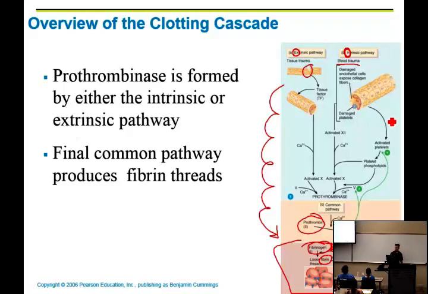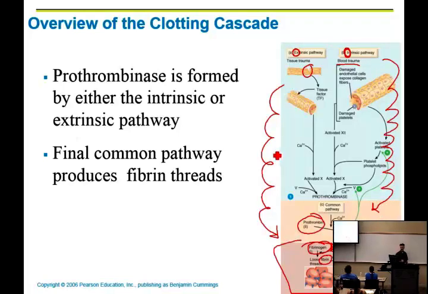So with these pathways, both of them lead to the formation of the fibrin threads, like we mentioned. But the intrinsic pathway actually goes through the full sequence of events, all 13 different factors, whereas the extrinsic pathway takes a shortcut. It's only a reduced number of activators in order to get to the plasma protein, fibrin, being activated.